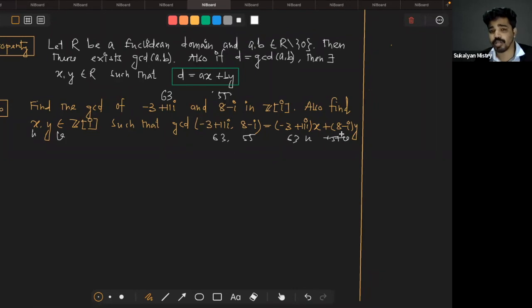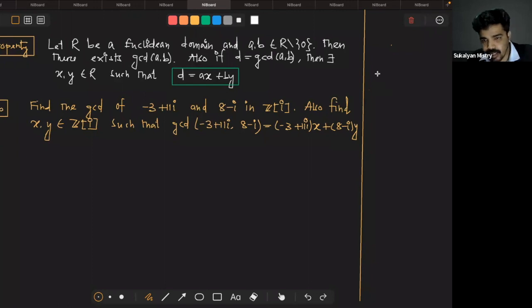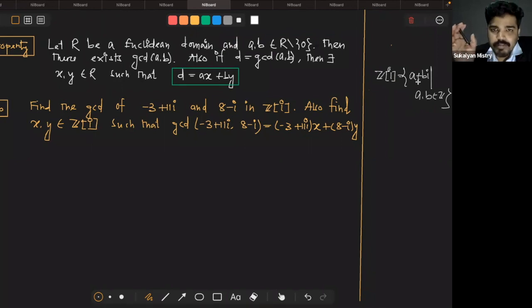The difference is that here Zi is mentioned, that is, the elements are complex numbers. What is the structure of the elements of Zi? They have the form a plus bi, that is a complex number, where a and b are integers.